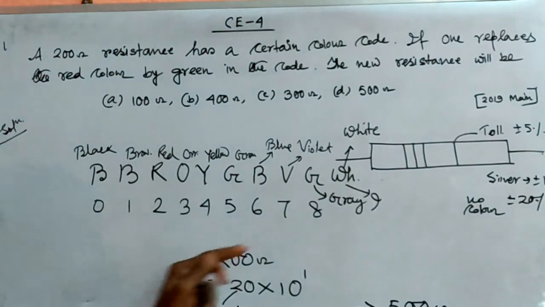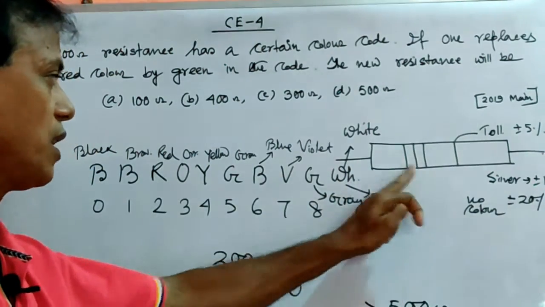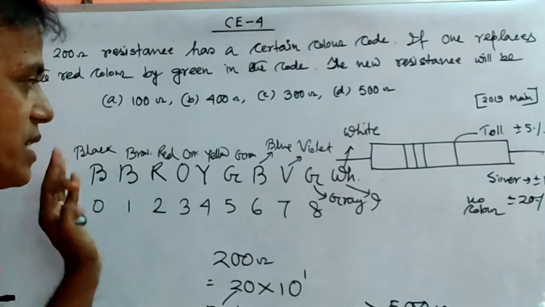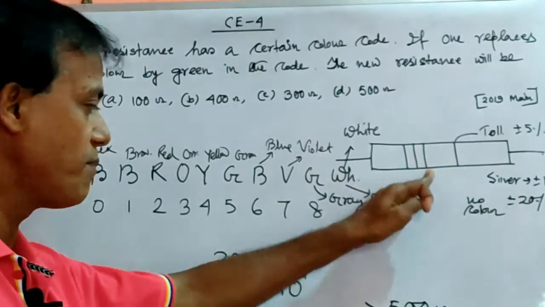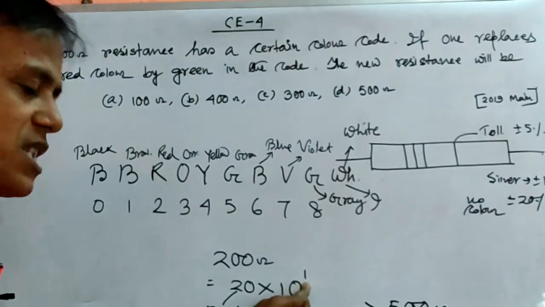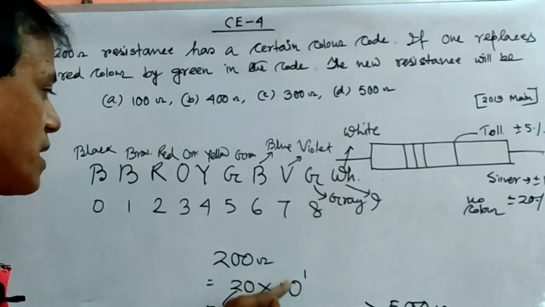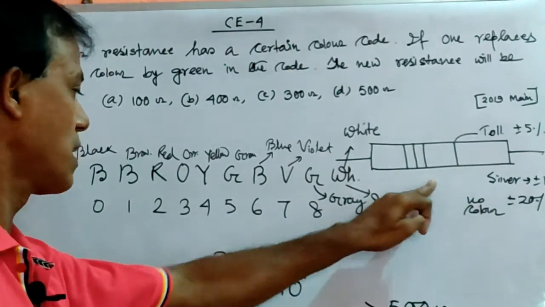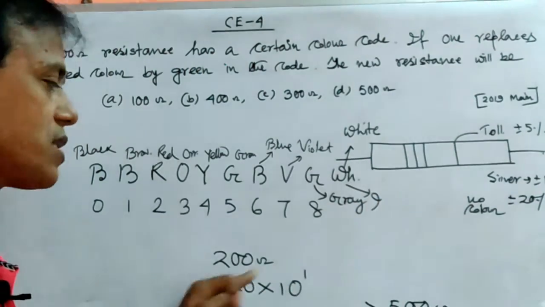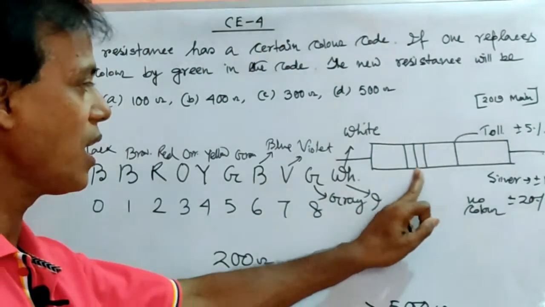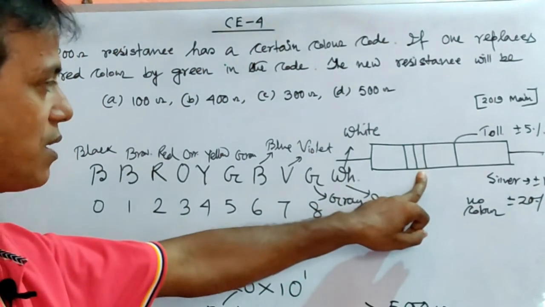This is the color code. The first two colors represent the number, it may be 1, 2, 3, 4, etc. The third one represents the multiplier. If the value is 5, then 10 to the power 5. If the value is 6, then 10 to the power 6. In such a way, this is for a 3 color carbon resistance.